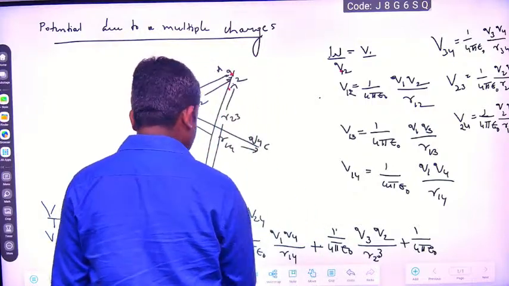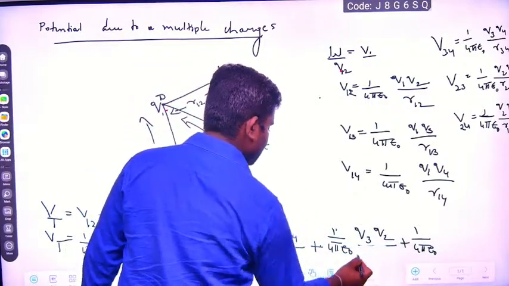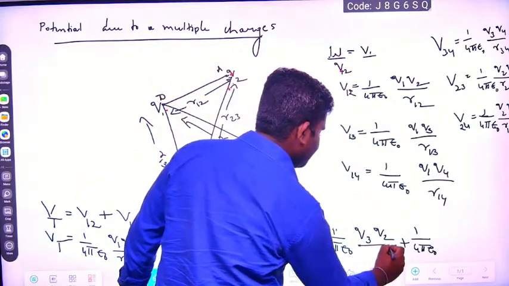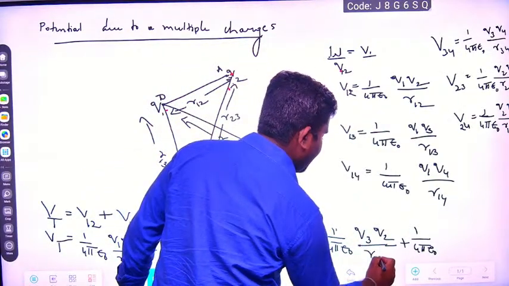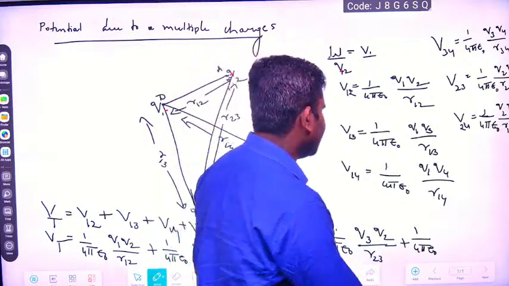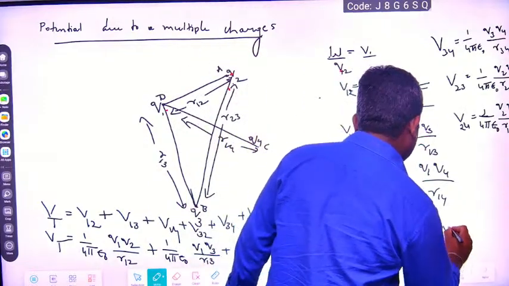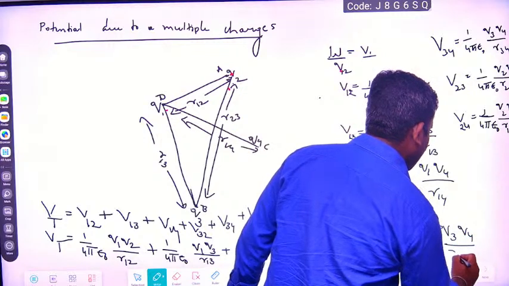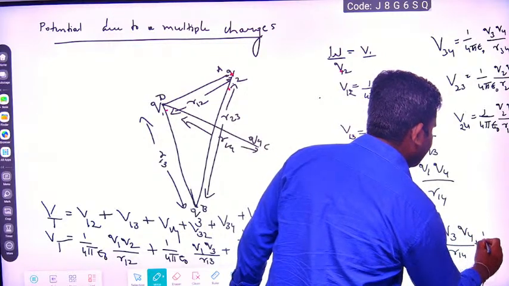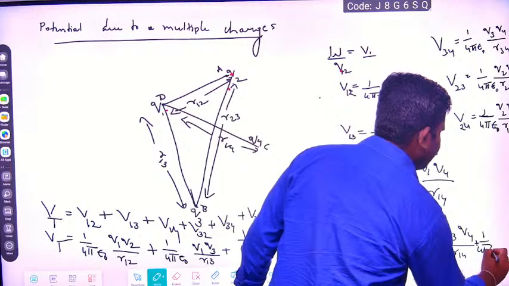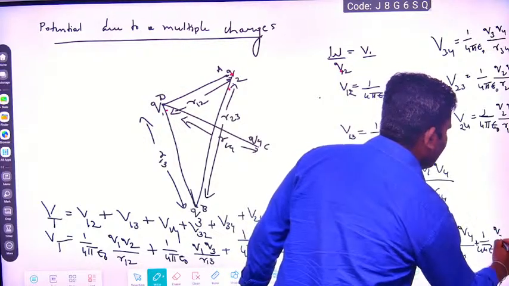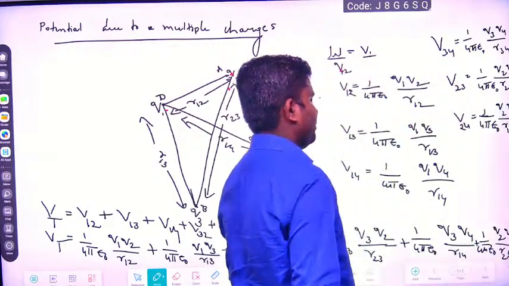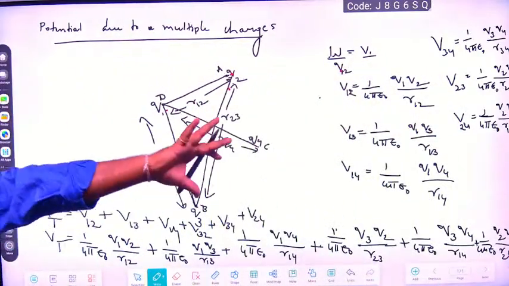Now 1 by 4 pi epsilon naught Q3 Q4 divided by R14 plus 1 by 4 pi epsilon naught Q2 Q4 divided by R24. Okay, this much big.